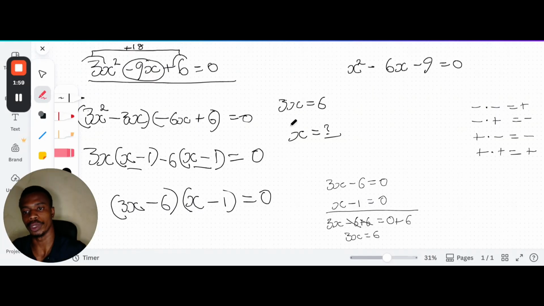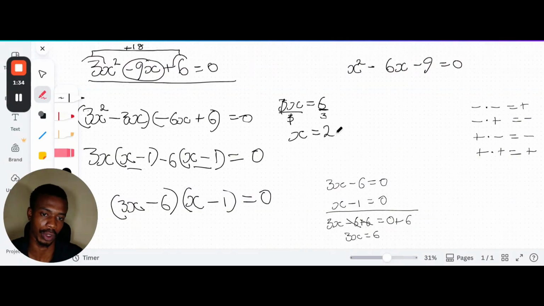We need to do the opposite of multiplication to get rid of this 3. And we do that by dividing it by 3. So when we divide this by 3, remember, we're also going to do the same thing to the other side. So we're going to divide this by 3 as well. Now, dividing this by 3 brings us to x. Now, x is going to be dividing 6 by 3. How many 3's do you count in 6? We count 2 3's in 6. So x is 2 on the one hand.